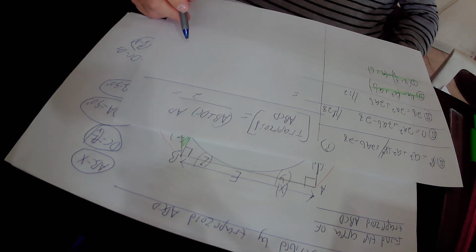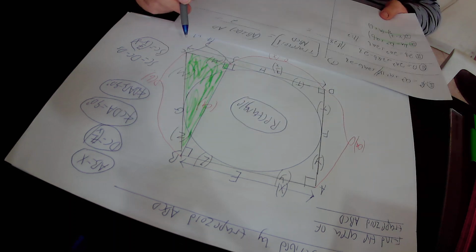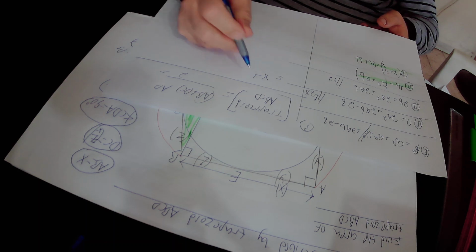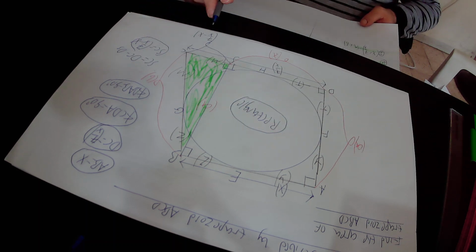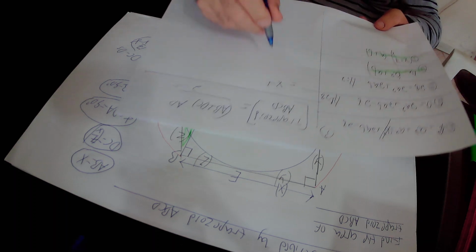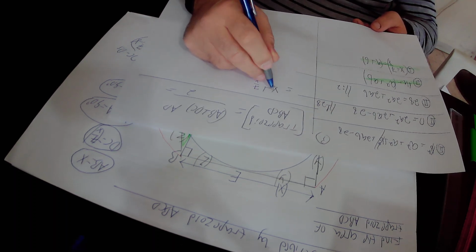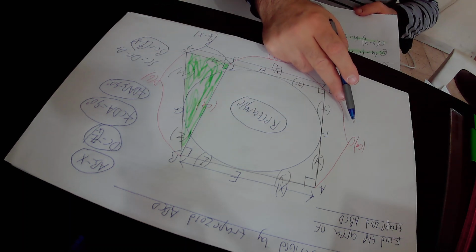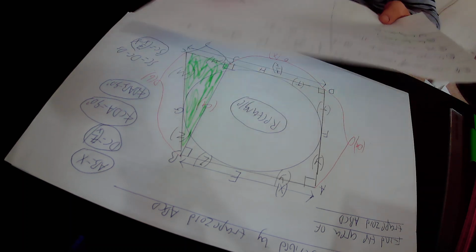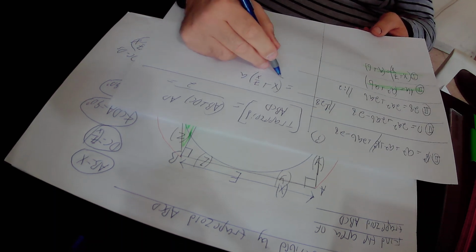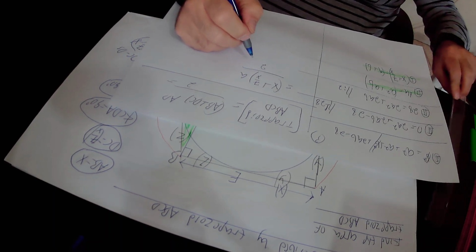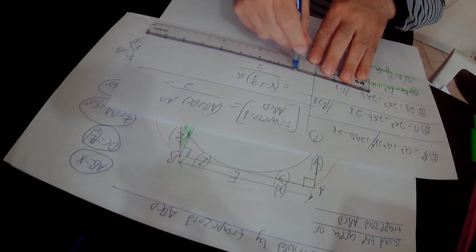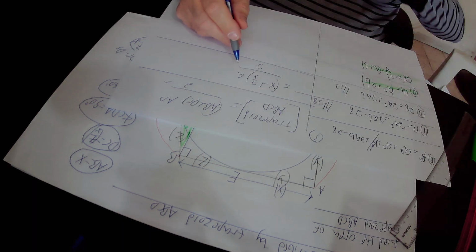So the area of trapezoid ABCD equals AB, which is x according to what is given in the question, plus DC, which is 7 over x according to what is given in the question, times the height AD, which is a according to our definition, divided by 2. So we found out that the area of trapezoid ABCD equals (x plus 7 over x) times a over 2.